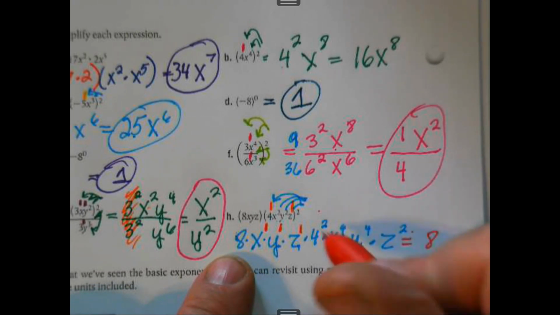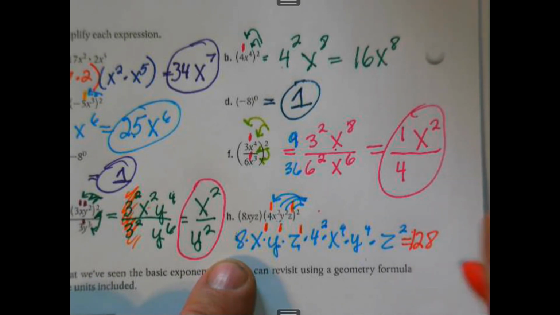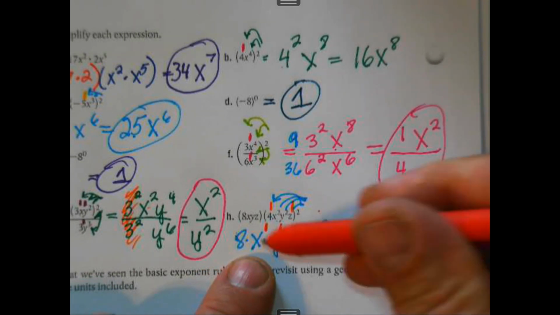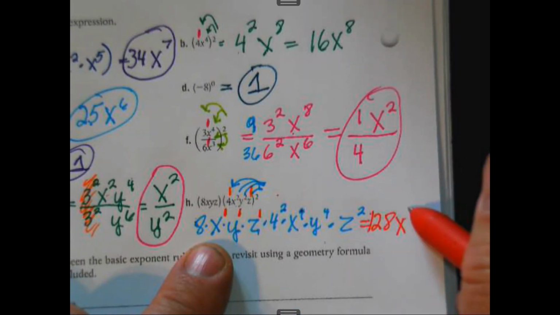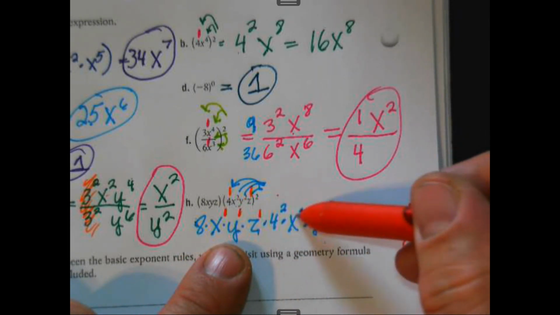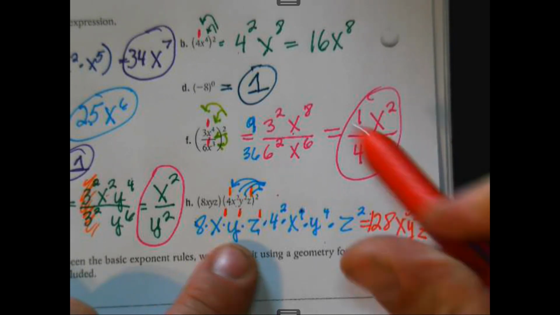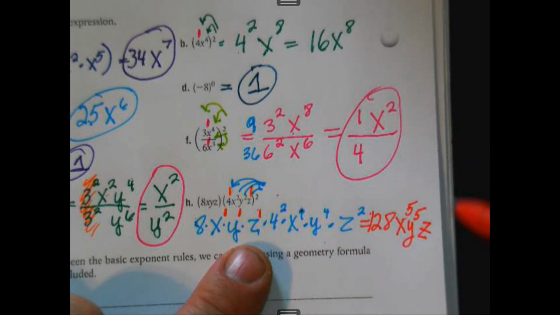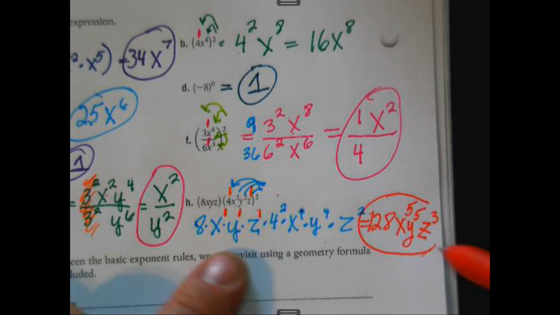So 1 times 8 is 8 plus 4 is 128. X to the 1 plus 4 is x to the 5th. Y to the 1 plus 4 is 5th. And then z to the 1 plus 2 is 3. There's my answer.